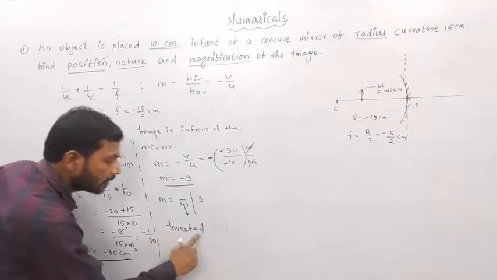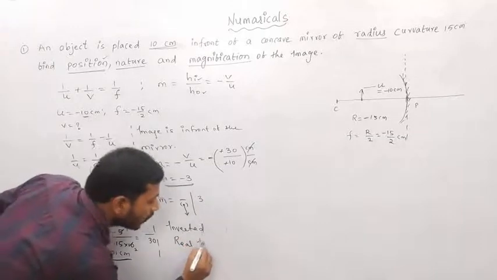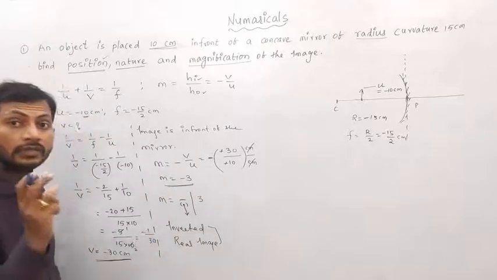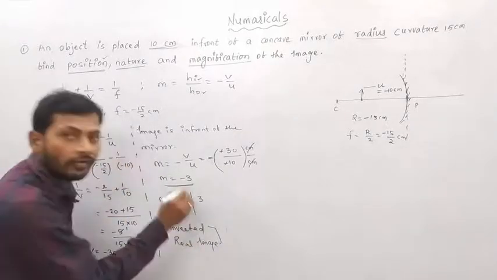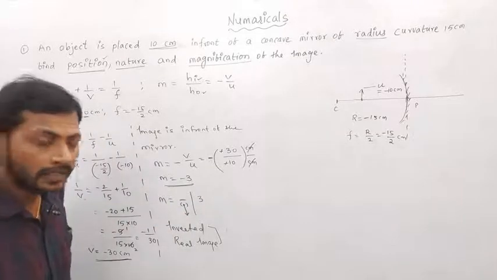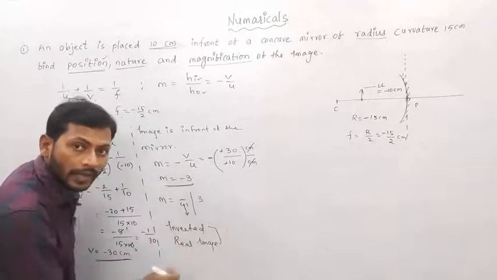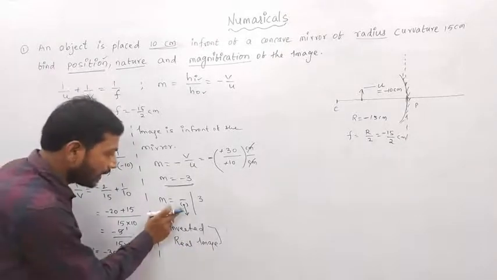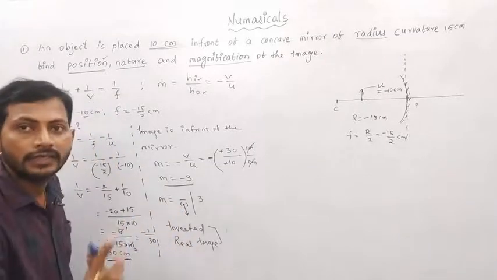If it is inverted, automatically it is the real image. So please remember, children, the sign of the magnification gives one piece of information: whether the given object is going to make a real image or a virtual image. If it is minus, this is inverted, so it is going to give the real image.